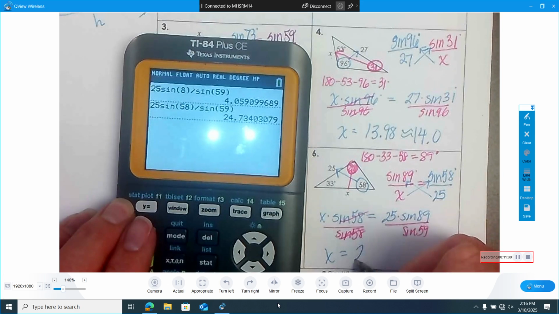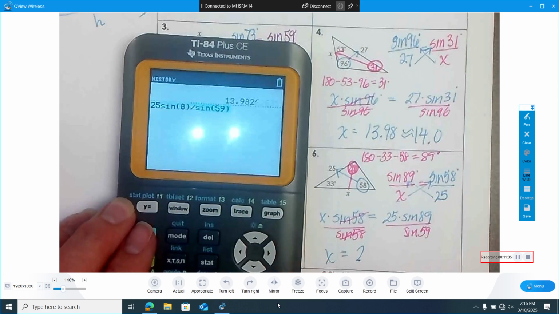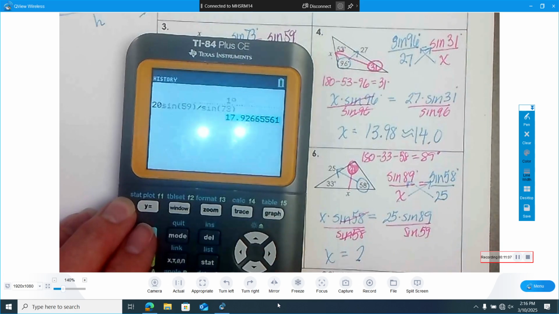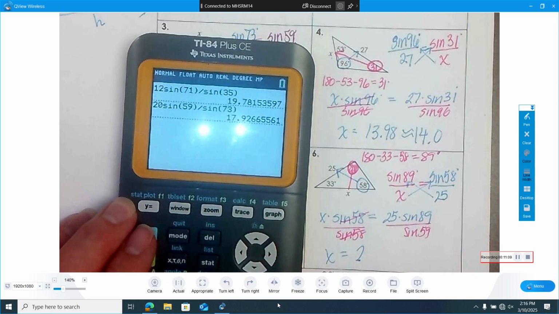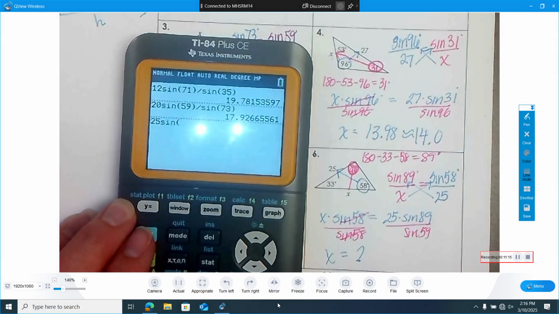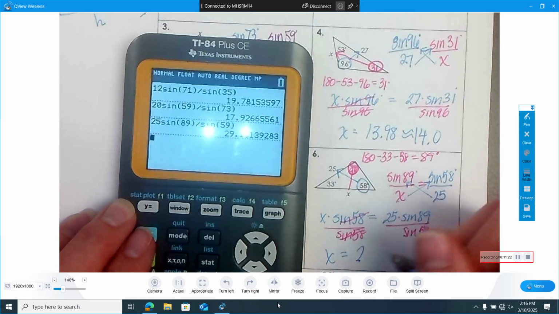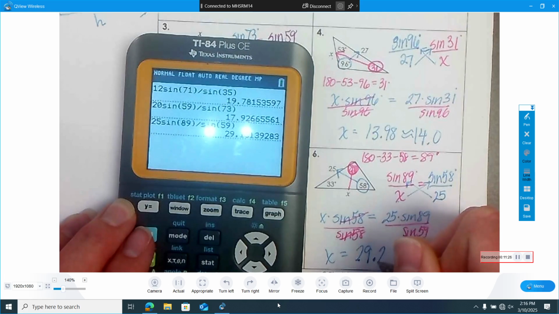All right, we got 20. Whoops-a-daisy. That was supposed to be 89. Let me try that again. I totally messed up on that. I put 20 and not 25. Sine of 89 divided by the sine of 59. Whoa, okay. 29.5.